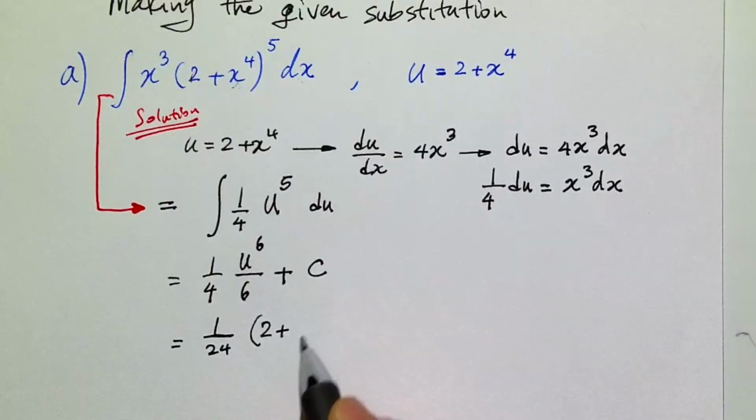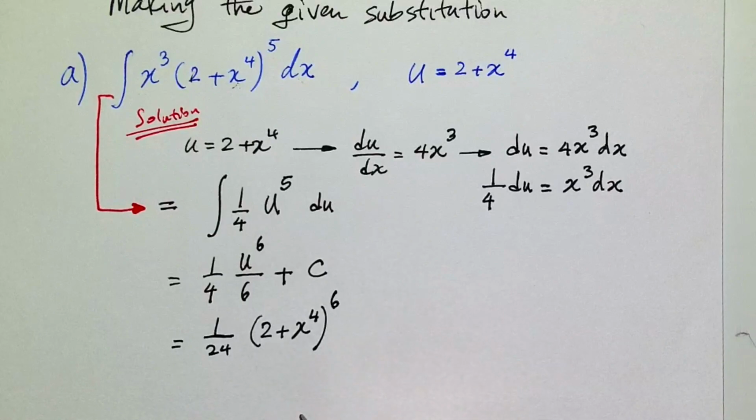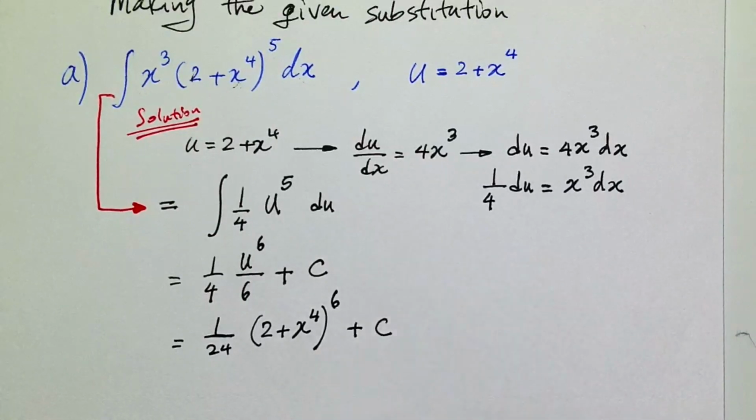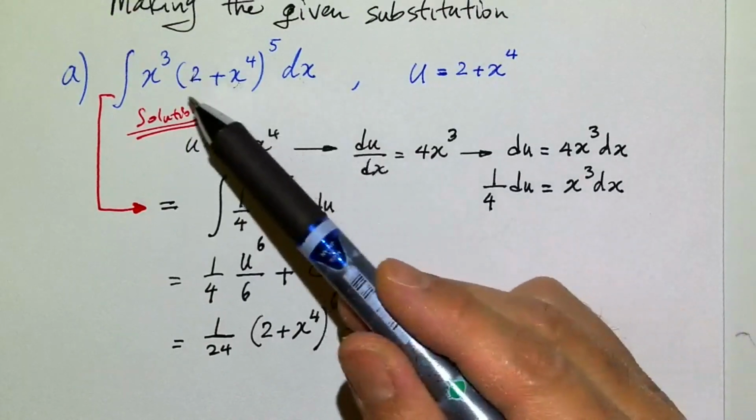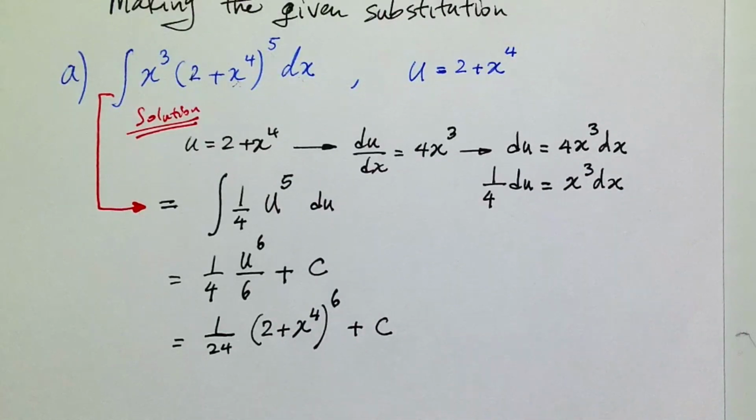So (2 plus x to the 4th) to the 6th power plus c. See how easy that was, right? And just try integrating this without this substitution rule. It'll be extremely complicated. Okay, so this is that. Let's do another example.